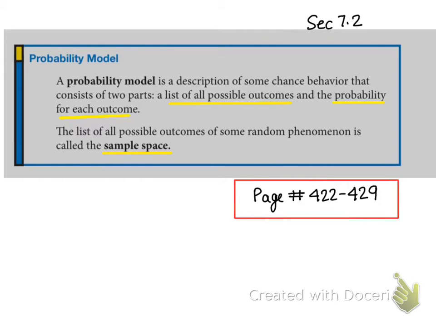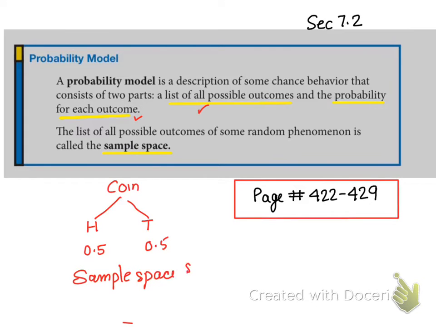If you toss a coin, you have to check what the different outcomes are. So the probability model there is heads and tails. That's the list of all possible outcomes, and the probability for each outcome is 0.5 and 0.5. The sample space in that case is heads and tails.